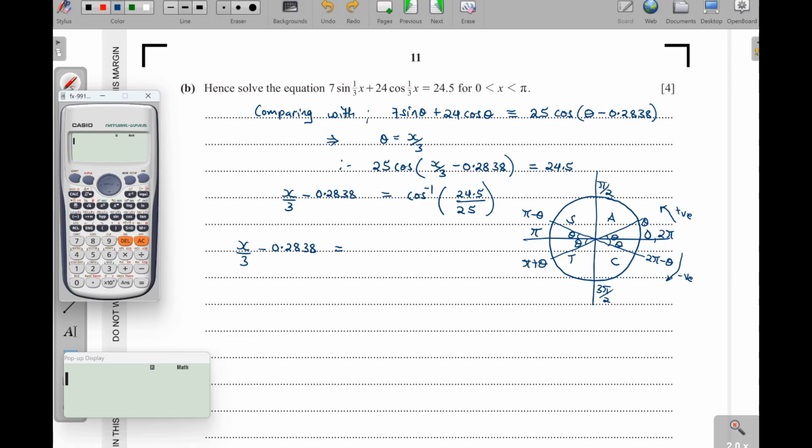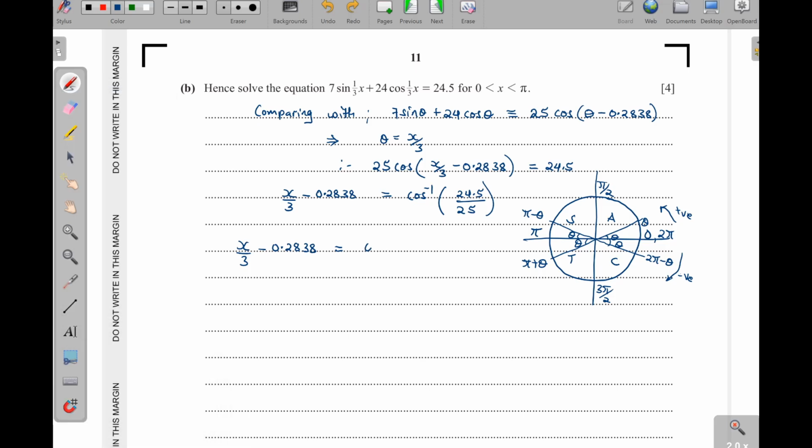Calculator in radians, so arc cos of 24.5 out of 25. Then this one is 0.2003. So let me write, since alpha is to 4 decimal places, even here let me write to 4 decimal places, 0.2003. This one I can write plus or minus.